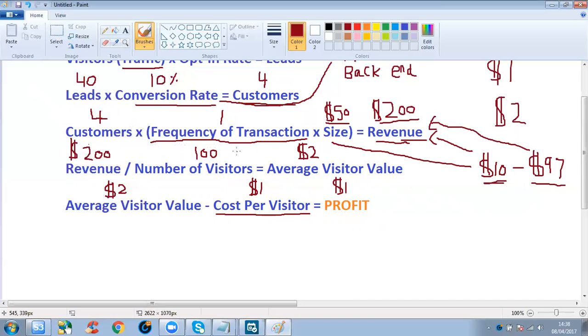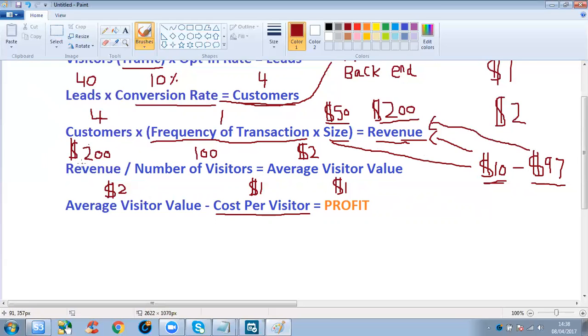Well, that's $300 per customer. And let's say they have an upsell, you can see your average visitor value and your revenue is going to go up because of that. So that's the third way you can do it: you can increase your frequency of transactions. You can employ a residual offer, and you can increase the size by having a more expensive product, or by implementing upsells into your sales funnel.